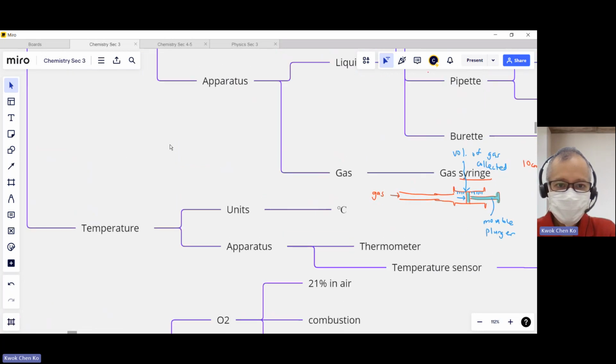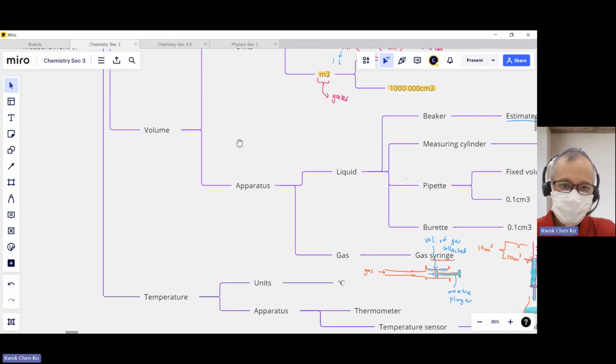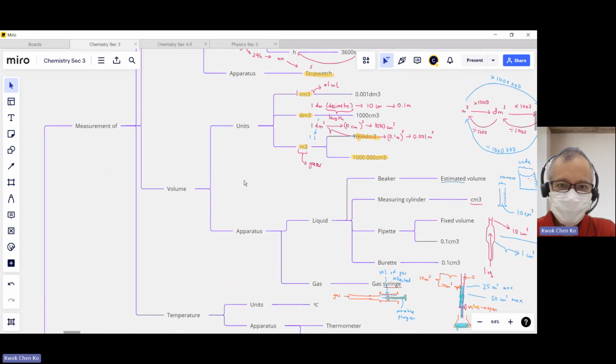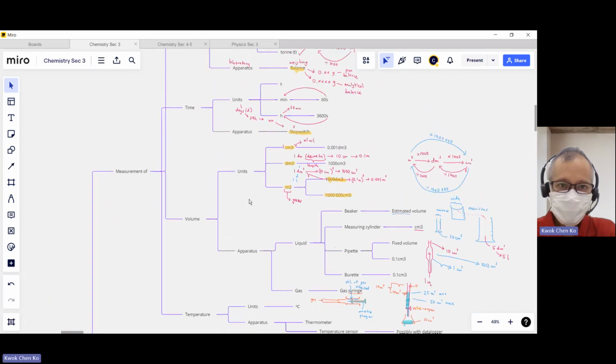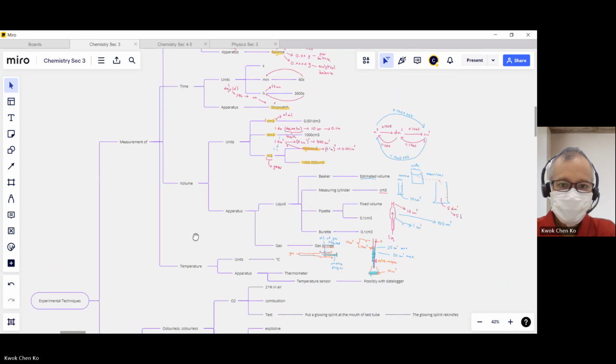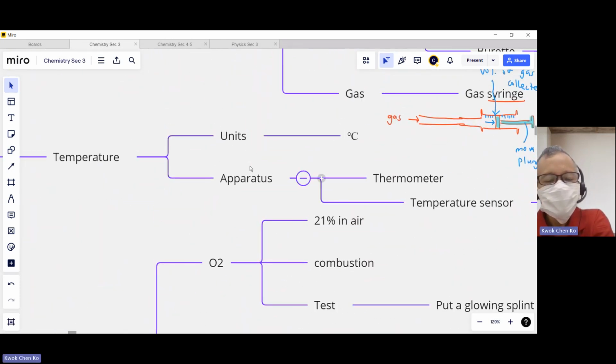Perhaps the last parameter that you need to use in chemistry will be temperature. So you notice we don't really have that many parameters for measurement: mass, time, volume, and temperature. Now for temperature, of course, the unit that we use will be degrees Celsius in chemistry.